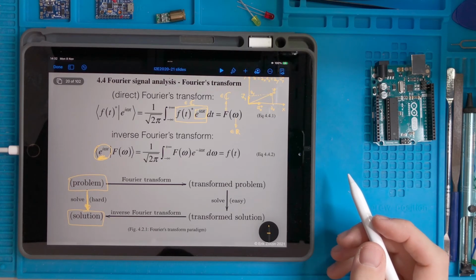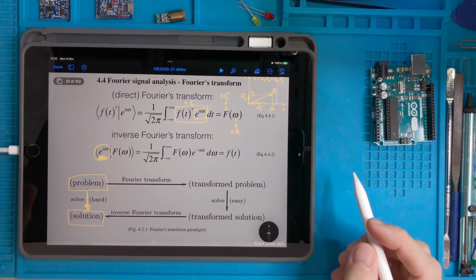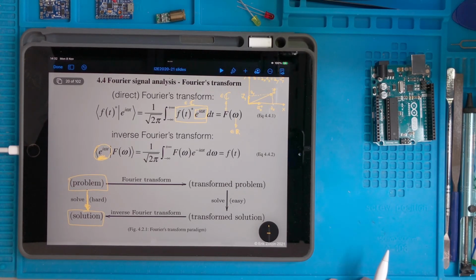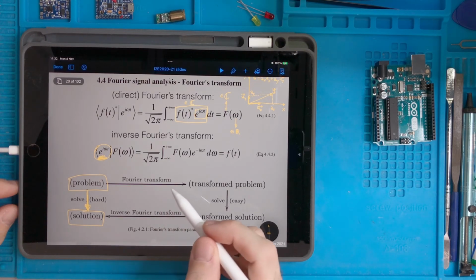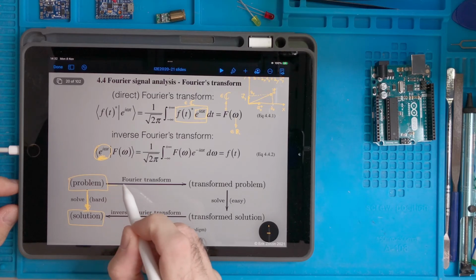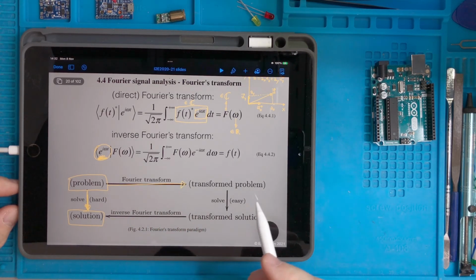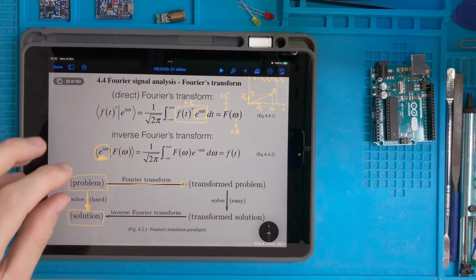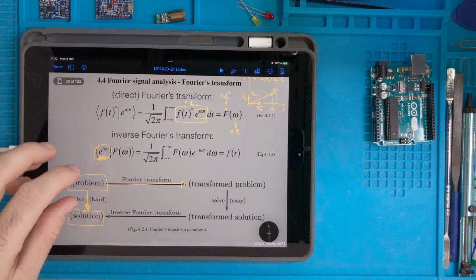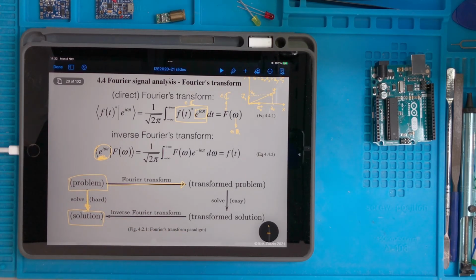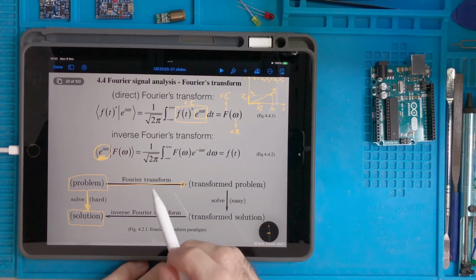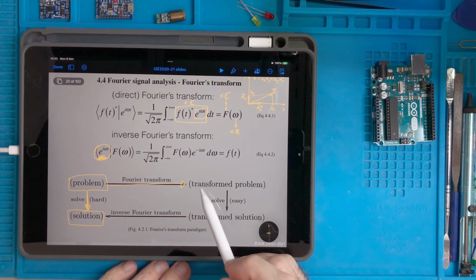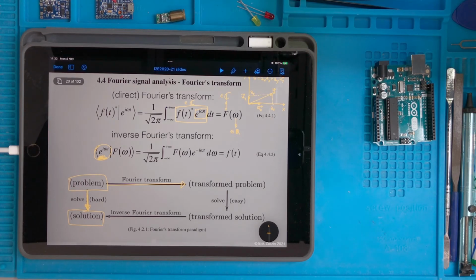So the idea is that we develop methods to study our system in a simple regime, for instance, the sinusoidal regime. So we do the Fourier transform and we break one complicated problem into many simpler problems. We decompose the function into sinusoids, and then we have to deal only with sinusoids.